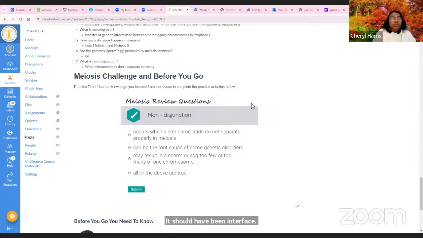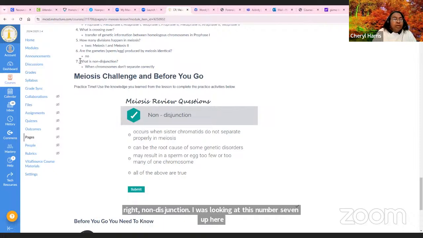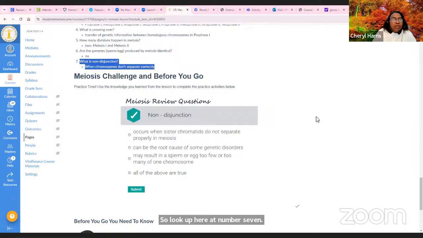All right, non-disjunction. Yeah, I was looking at this number 7 up here. So look up here at number 7 in our section. Non-disjunction. So if we don't do this properly, what is going to happen?